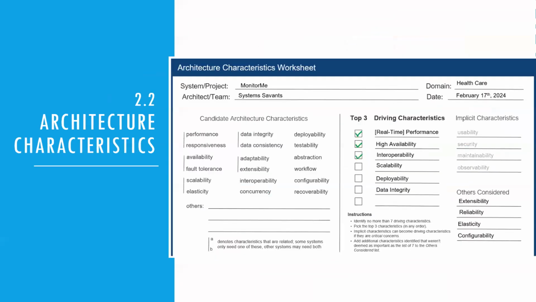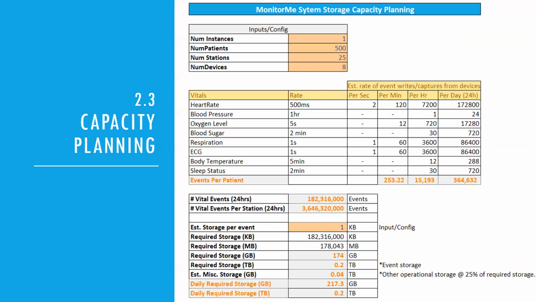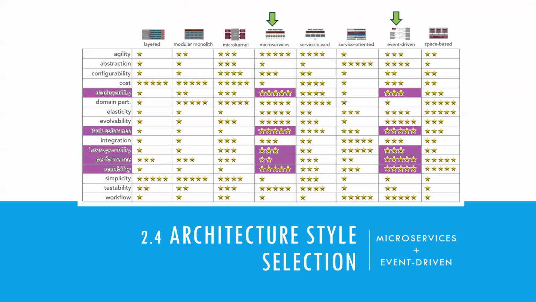Next, we look at the pool of candidate architecture characteristics and decide which ones should be the top 7 driving characteristics of our system, with a key focus on the top 3 as shown in this slide. Next up is the capacity planning exercise to understand the data and throughput needs for our system. Finally, based on the analysis that we did with the actor, action, and component analysis and architecture characteristics, we decided on an architecture style that fits our needs, which was a mix of microservices and event-driven architecture.